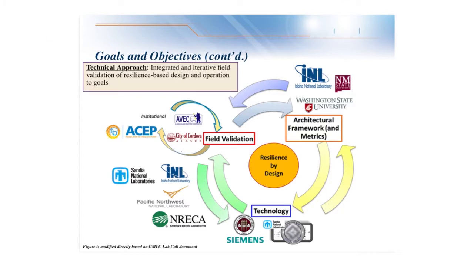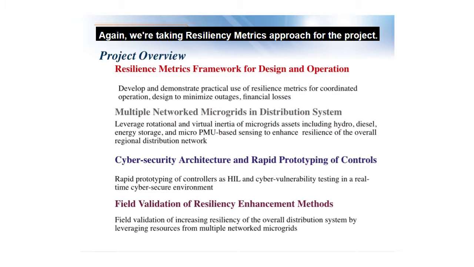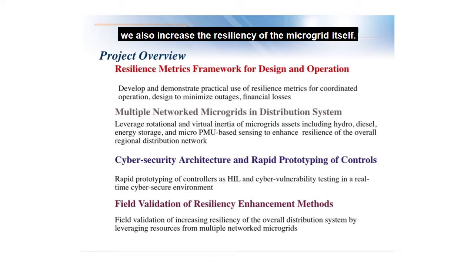We're just kickstarting this project right now, and I'll give a quick overview of what we're looking at. Again, we're taking a resiliency metrics approach for the project. We're using multiple networked microgrids with a zonal approach, where we island certain portions of the microgrid in order to keep the critical loads up and running. By networking the multiple microgrids, we also increase the resiliency of the microgrid itself.